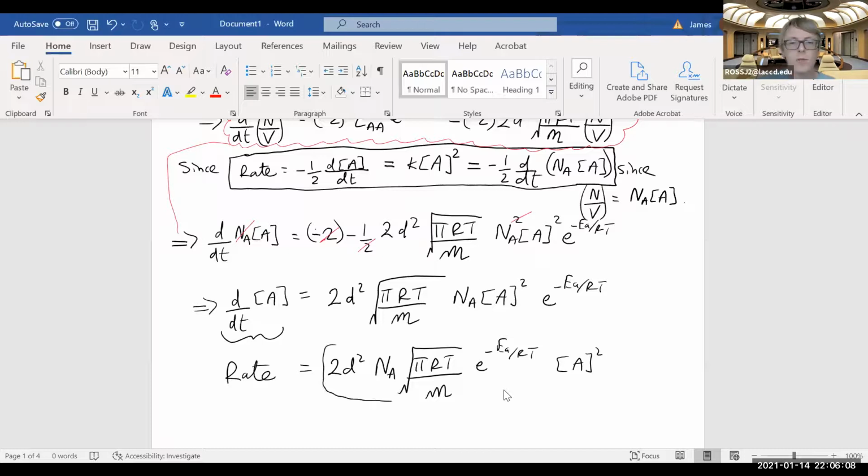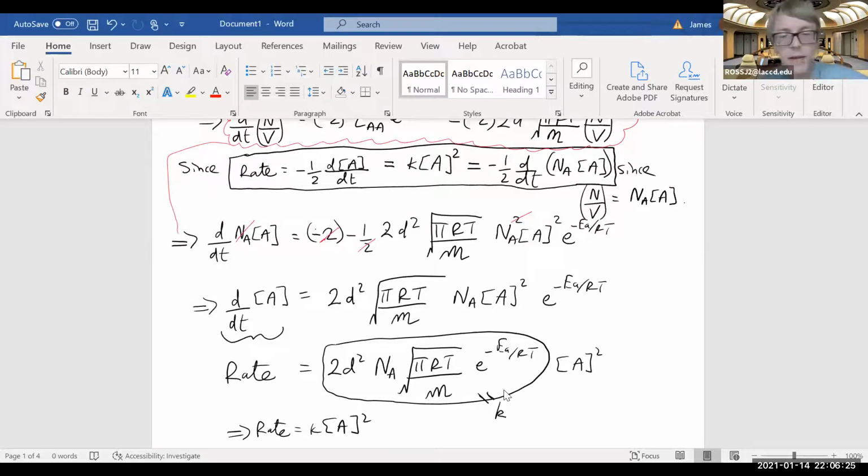Well, this just becomes k, right? This whole thing is just k, the rate constant. So we've got rate is k[A]². Okay, so hopefully that's a little bit clearer. It takes a little bit of playing around, but it's just a little bit of basic algebra. You just play around with it till it looks like that. Okay.